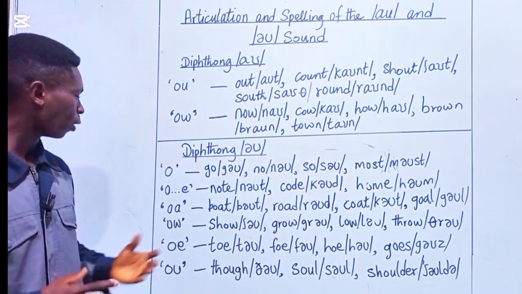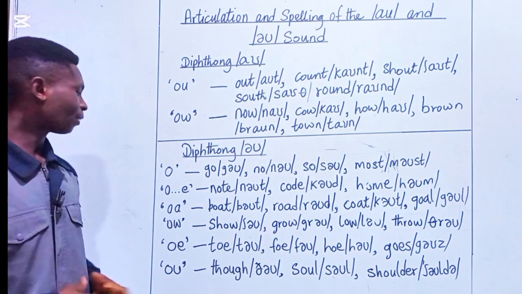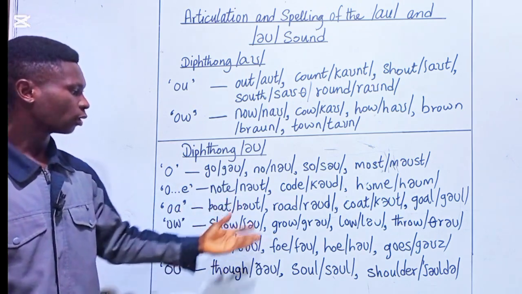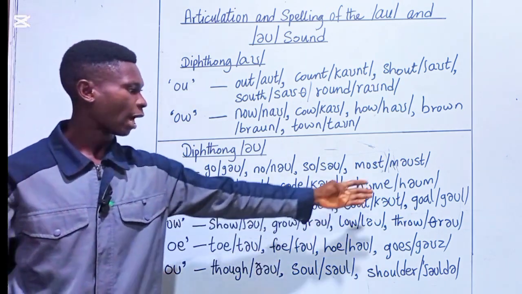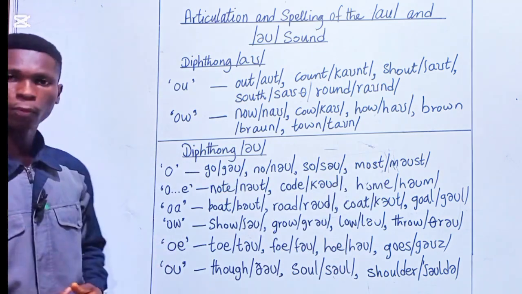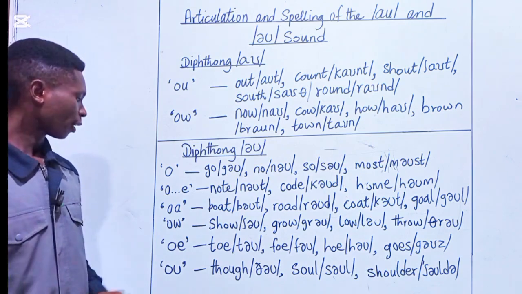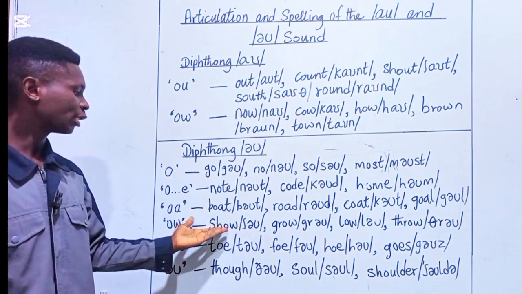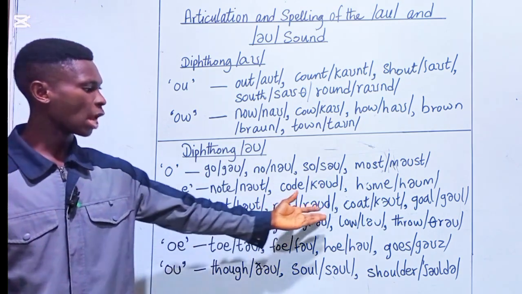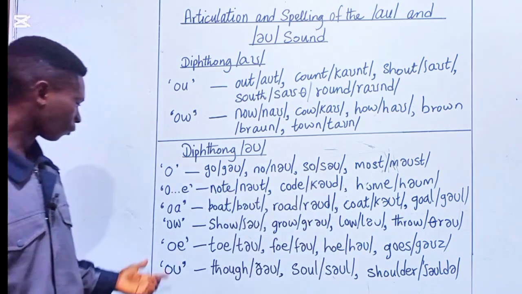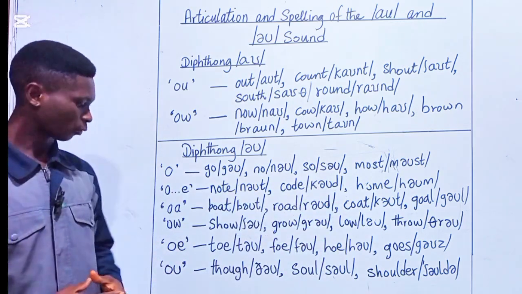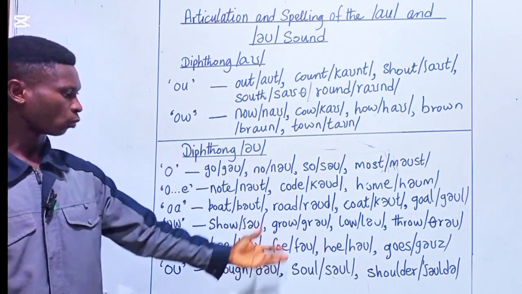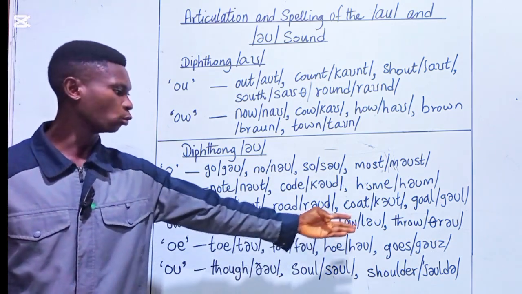Another spelling for the /əʊ/ sound is OA. In place of OA in these words, we have the /əʊ/ sound, as in boat, road, coat, and goal. Then another one is OW. In place of OW, we have the /əʊ/ sound, as in show, grow, low, throw. In place of OE as well, we can have the /əʊ/ sound, as in toe, foe, hoe, goes.